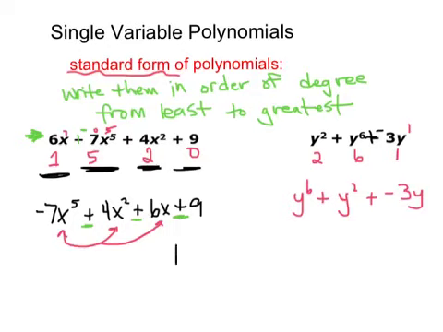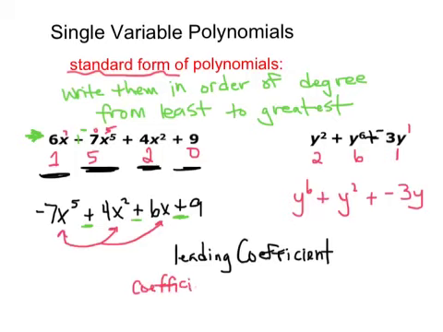The other thing that we talk about when we talk about polynomials is this thing that we call a leading coefficient. Now remember, a coefficient is the number that comes in front of a variable, but when we're talking about a leading coefficient, it's the coefficient of the first term.